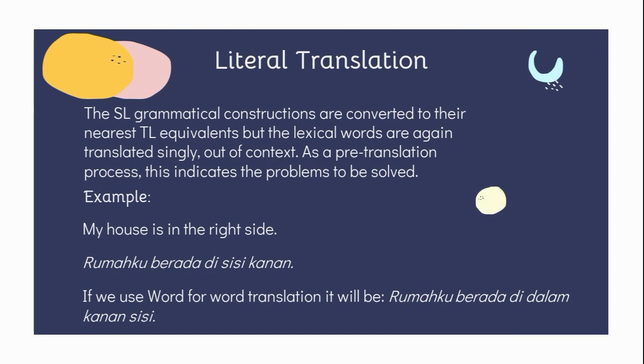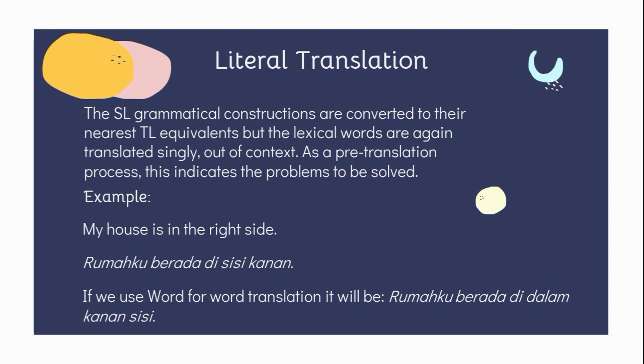Similar with word-for-word translation, literal translation or penerjemahan harfiah is a translation method of text where the target language copies the source language, but we also need to adjust the source language structure with the target language structure.